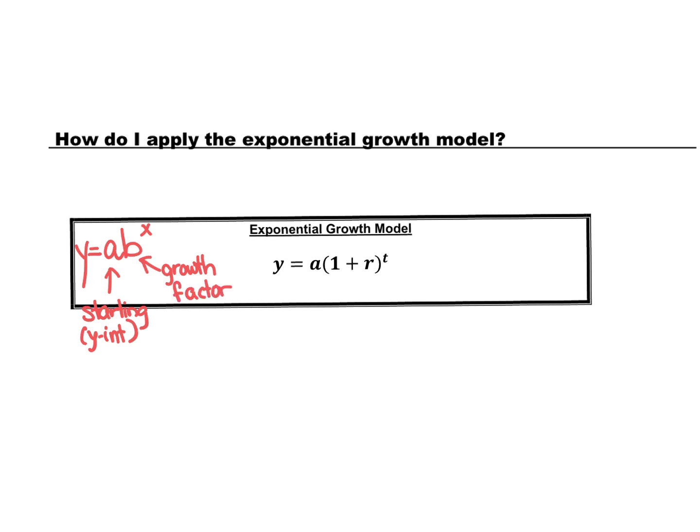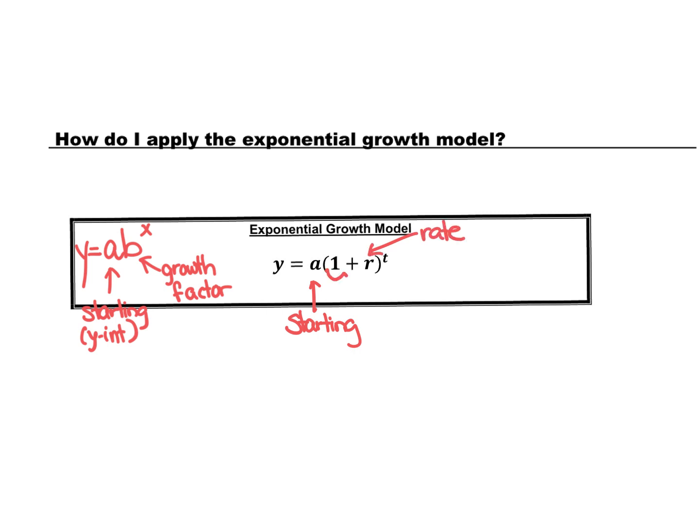All right, so now we're going to be applying it. And so, again, this a is that starting point. And then we have this 1 plus r, which is our growth rate. So this r right here, that's our rate.